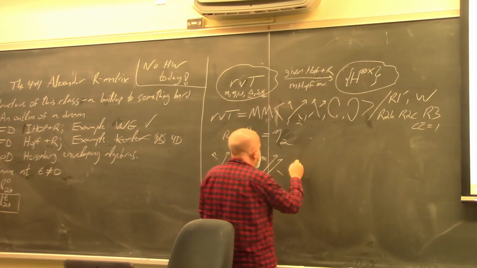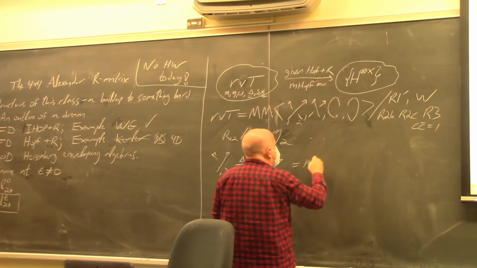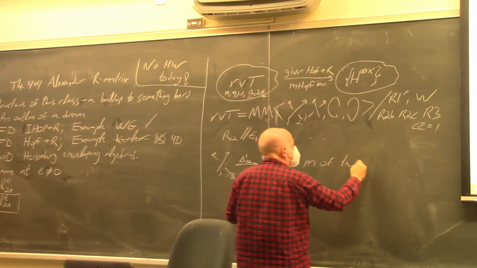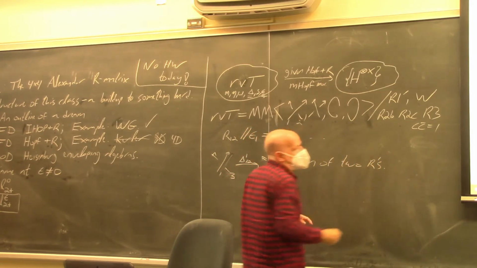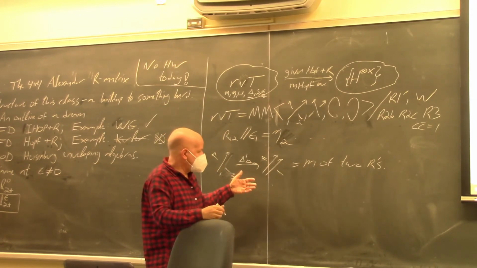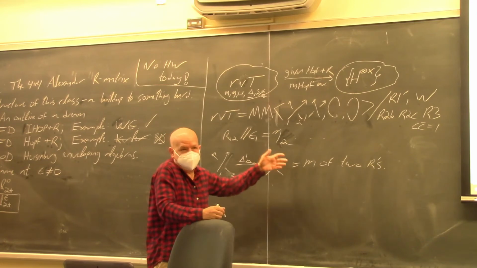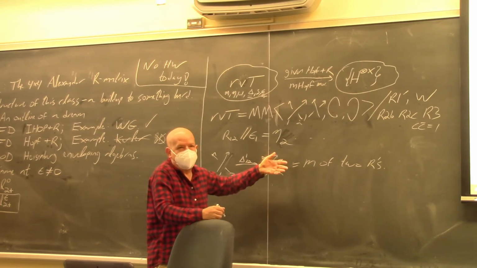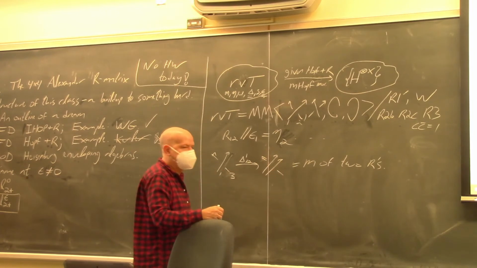So this is really an M of two R's. You can write it explicitly, and that becomes one of the axioms for R. R should satisfy this axiom.